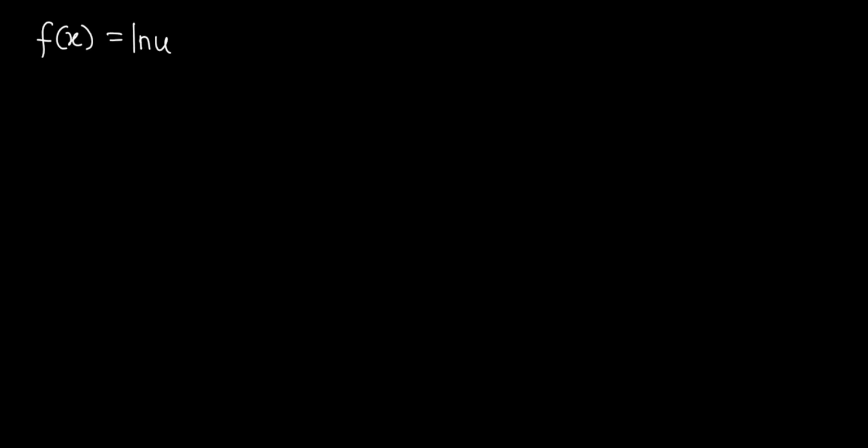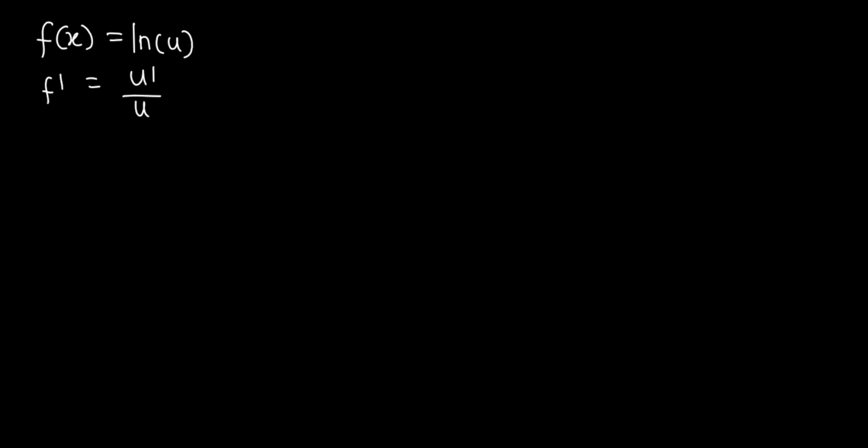And then we ask to find the derivative of this function. How are we going to do this? If you have a function like this, then its derivative, f prime, will be equal to u prime divided by u. That will be the derivative of this kind of function.